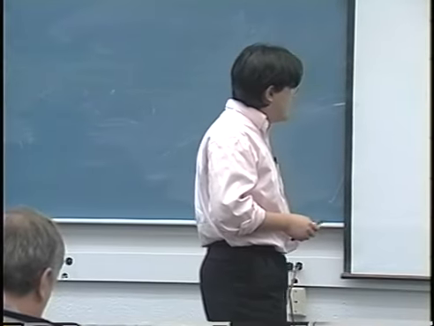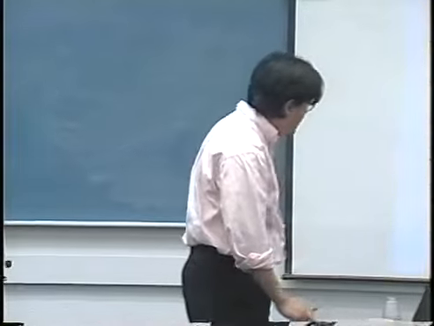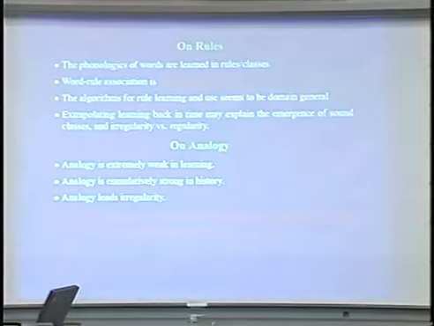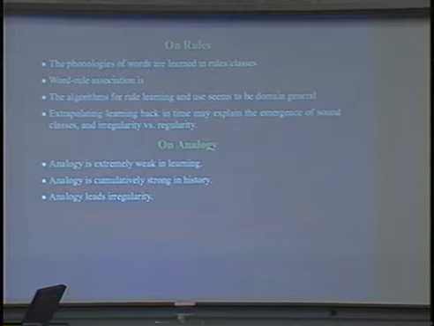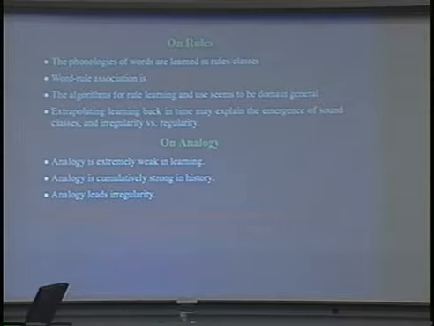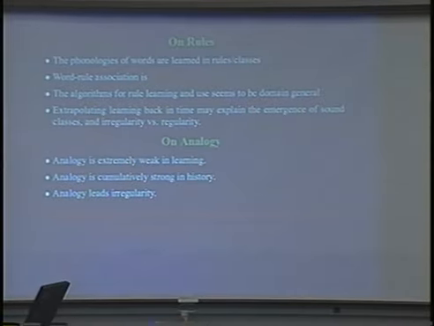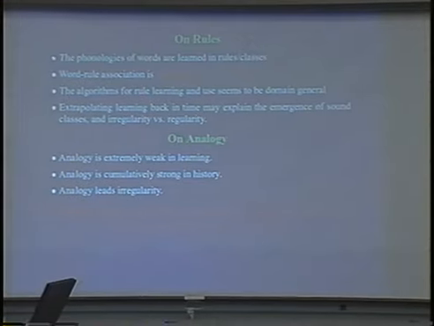And finally, analogy necessarily leads to irregularity. So if language had to work with rule-based and analogical learning, then the imperfection in irregular verbs would be a necessity, no longer a paradox. So I'll stop here. Thanks.